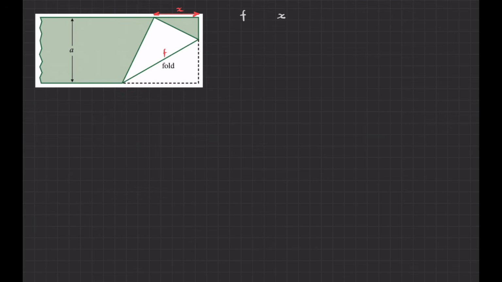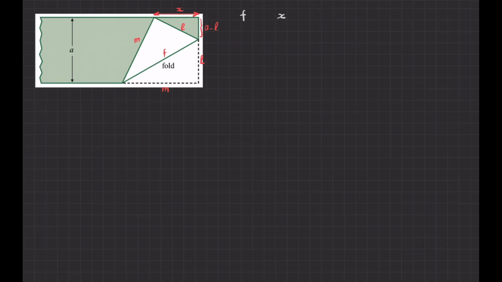So it is very simple by construction to realize that if I call this length L, then this length is also L. And if I call this length from here to here M, then this length from here to here is also M. Now if I ask you what this length is, you will tell me that the total length is a because that's the width of my paper, and this part is L, so what is left here is a minus L.